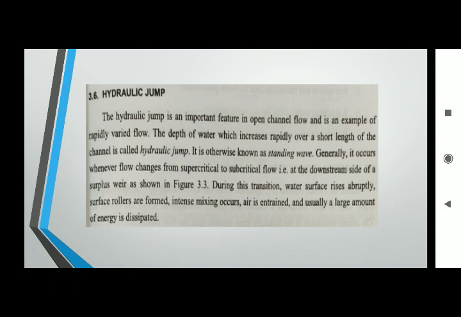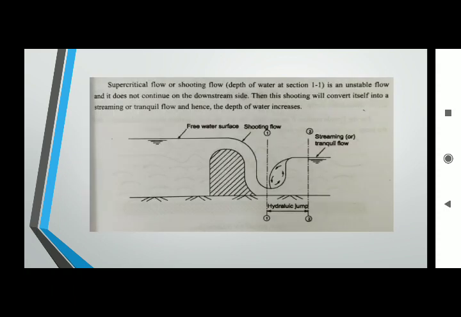When a hydraulic jump occurs, the flow will change from supercritical to subcritical. Then there will also be a loss of energy in the hydraulic jump. Here is an example of a hydraulic jump.